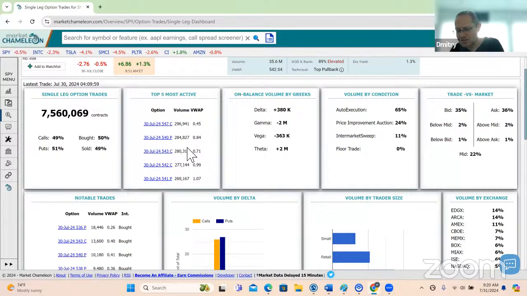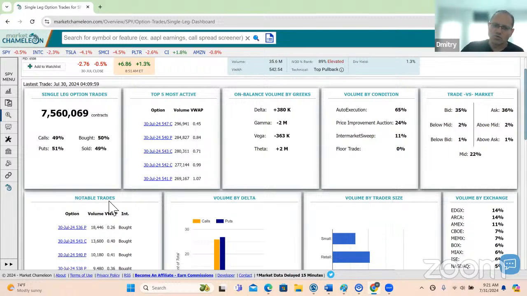And it grows and grows. So that option is the most active. With this option here, July 30th, the volume is 296,941. But that's an accumulation of a lot of trades throughout the day.